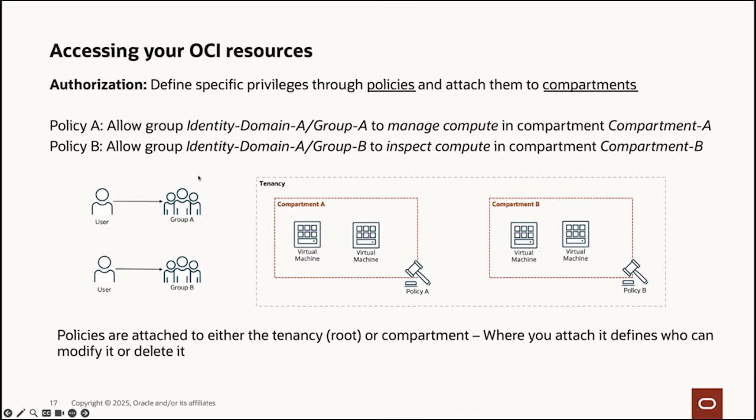So if you were to change this first policy, and instead of saying in compartment A, you say in tenancy, then this group A would be able to manage compute in the entire tenancy. So they would have access to compartment A, they'd have access to compartment B, and it would grant them access to the entire tenancy. So with that being said, where you attach the policy is going to define who can modify or delete it.